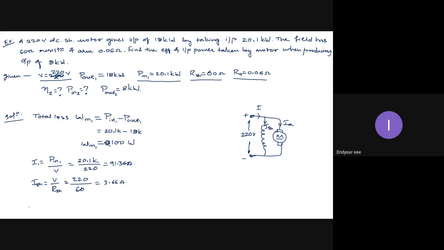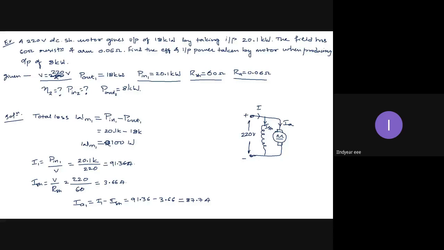Therefore, IA1, the first case armature current, is equal to I1 minus ISH. So 91.36 minus 3.66, so 87.7 amperes.